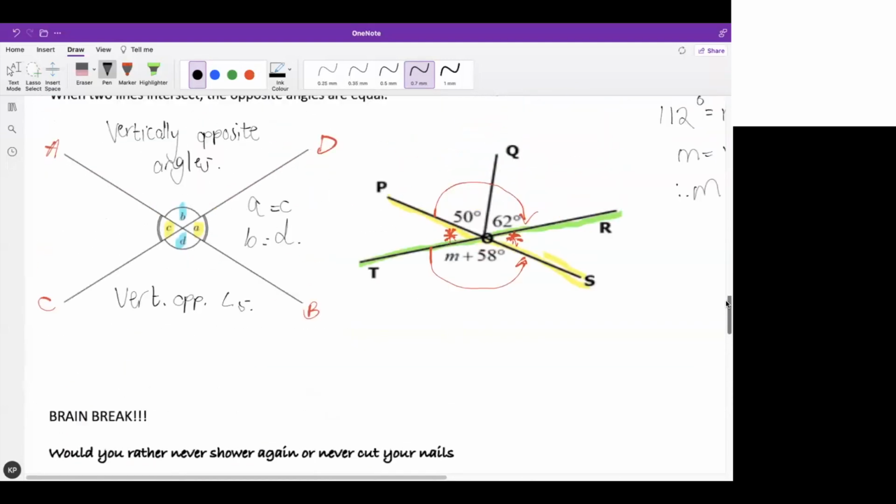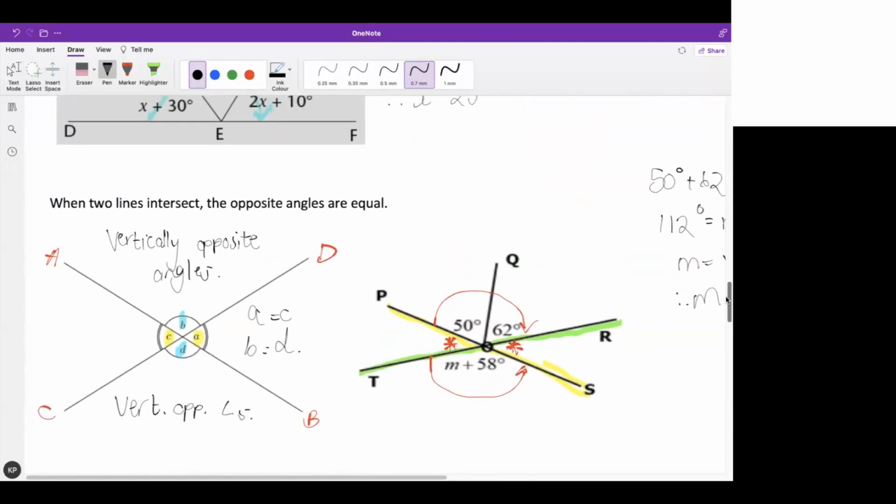Ma'am, don't you have to do the one between RS and P something, PZ, I think? Let's see. RS. No, we don't have to. We just wanted to solve for M. Oh, okay. Thank you, ma'am. You're welcome.